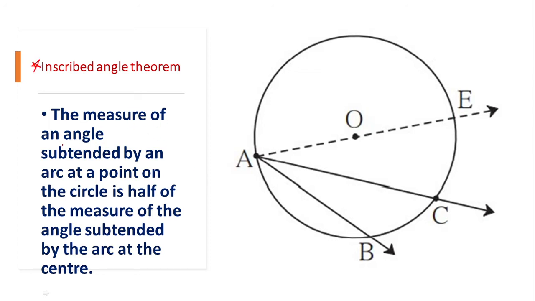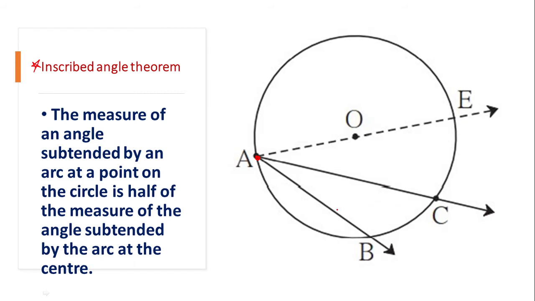See, the measure of an angle subtended by an arc at a point on the circle is half of the measure of the angle subtended by the arc at the center. Now suppose you are taking an arc and it is making an angle BAC at the point on the circle, then its measure will be half of the measure of the angle subtended by the arc at the center.